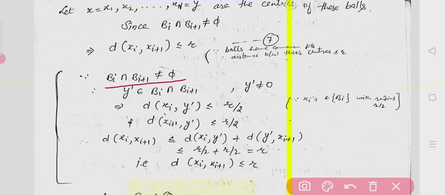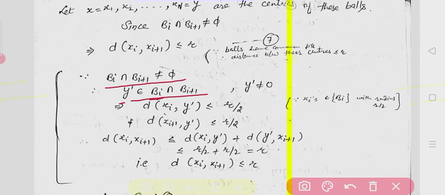So that means there exists some point, I suppose some point y dash, that belongs to Bi intersection Bi plus 1. So that will belong to both. Okay, so you will say that if y dash belongs to Bi, so what does it mean?